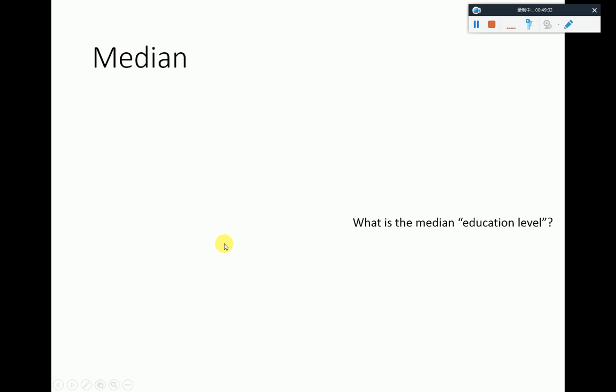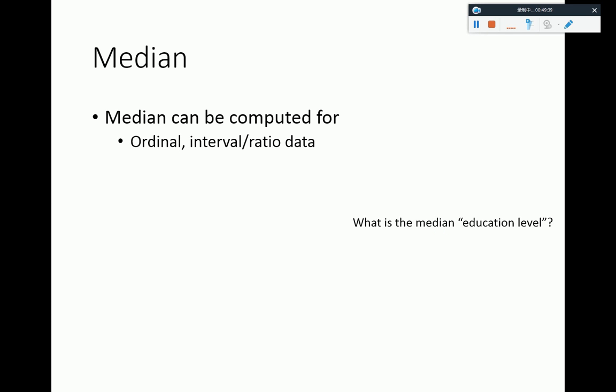The next example's question is, what is the median education level? Because median is a very interesting statistic.